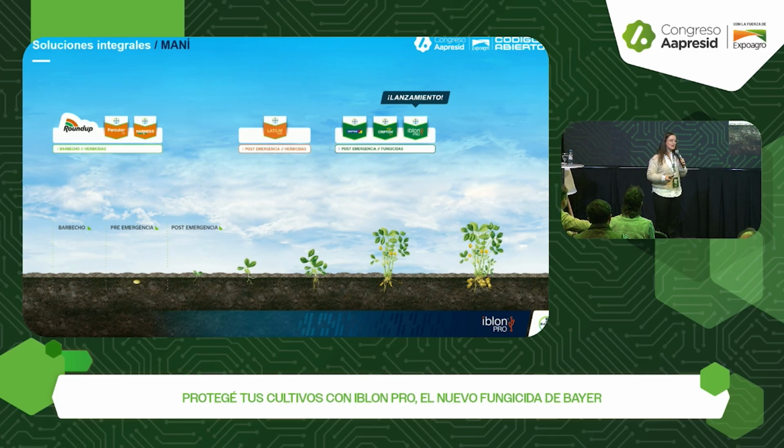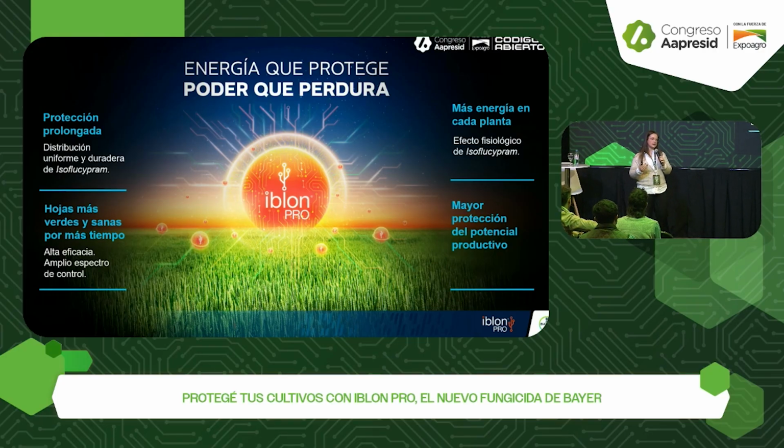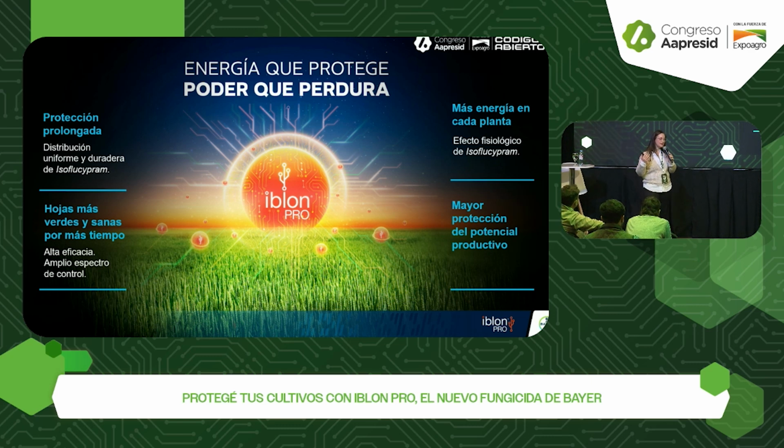And I have only 9 seconds left to conclude my presentation, so I will close by going back to the 4 pillars that Iblon Pro offers. Long-acting protection because of its consistent and long-acting distribution.